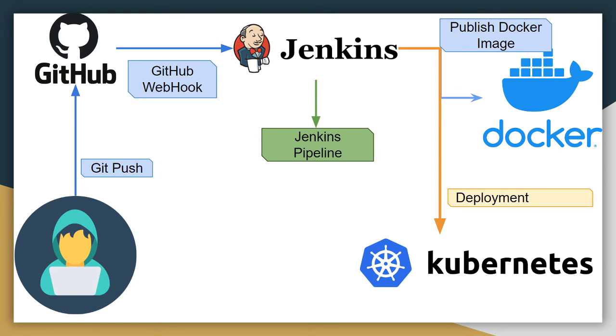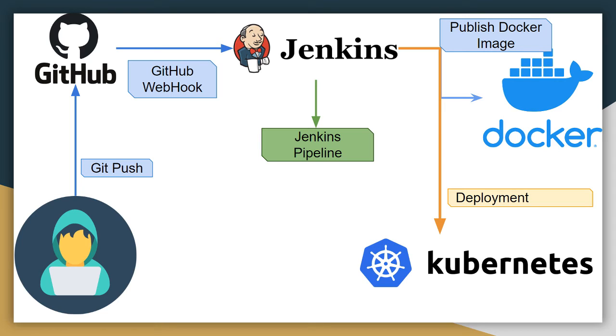Jenkins will then fetch this code and feed it into the pipeline. Then this code will go through various stages. In our example, as you will see, we have 5 different stages, but there could be fewer or even more.